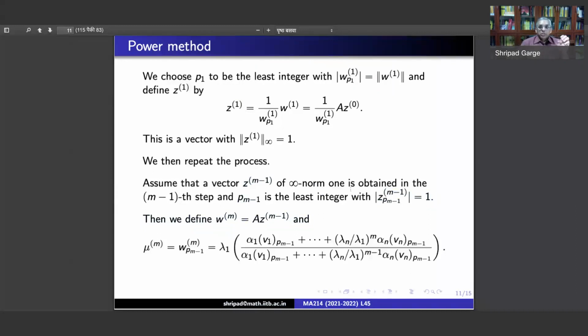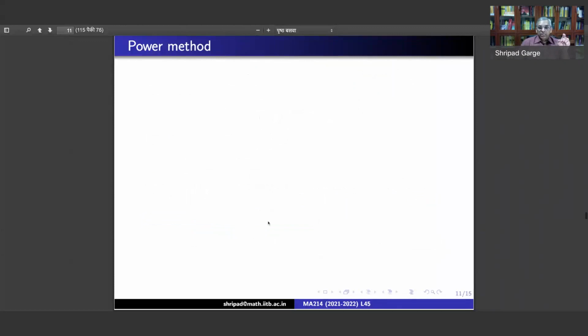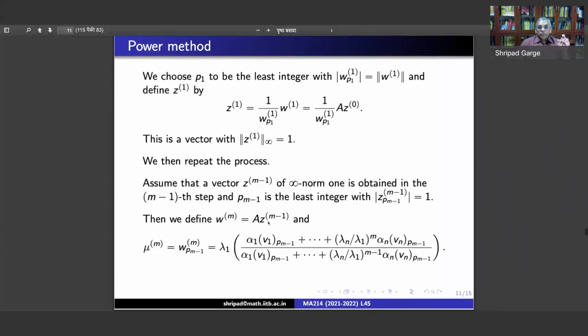So here, for instance, mu1 was w p naught upon z p naught. Here this would be w p m minus 1 upon z p m minus 1. That would be equal to 1 because the p m minus 1 is the least integer with this being equal to 1, right? So we will be dividing by this particular modulus.